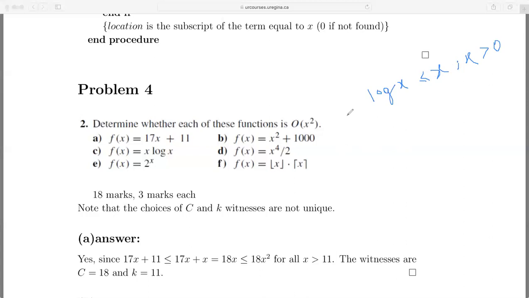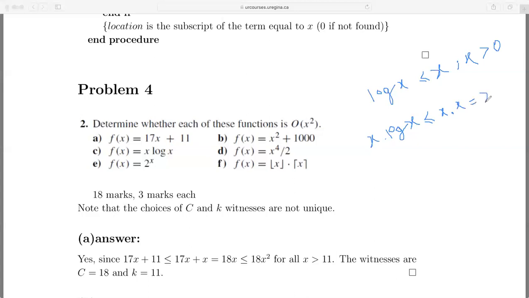So you can do this in this way: x log x is less than or equal to x, and if you bump this one up to the highest term given here, you can write it as x times x. So that's our x squared.